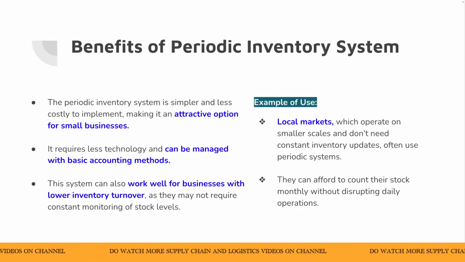The third thing is that it works well with businesses with lower inventory turnover. Exactly. You may have a good business, you are not a small business owner, but your inventory doesn't move fast. You might be selling something only once in a while, and it might be a high-value item.